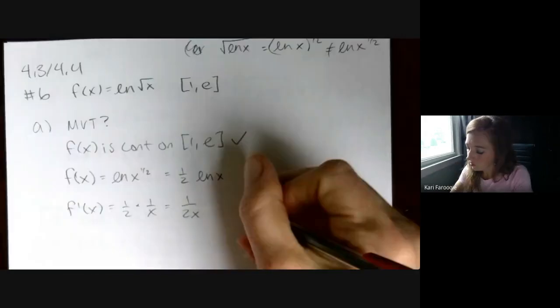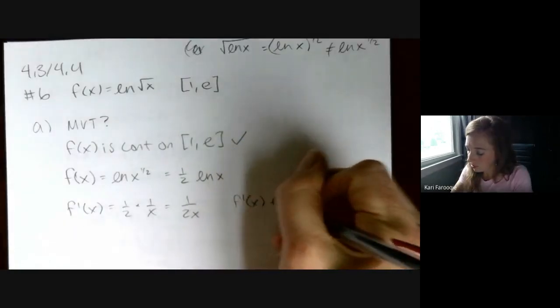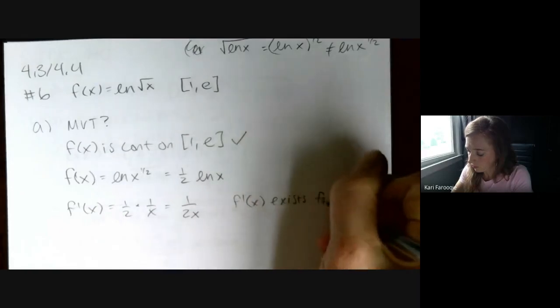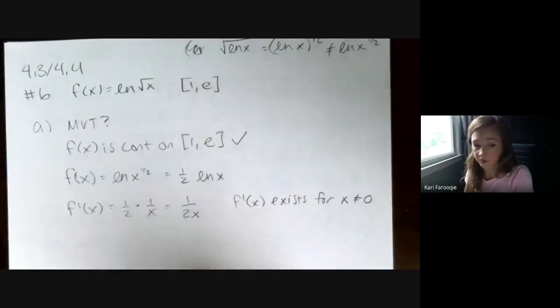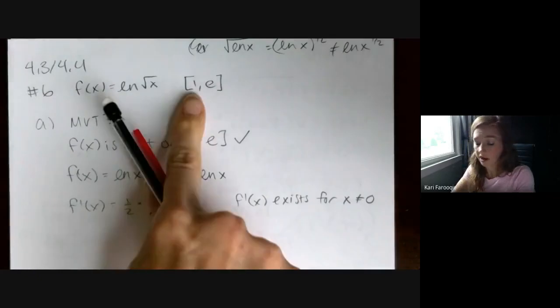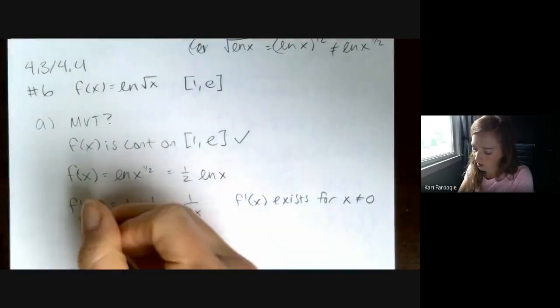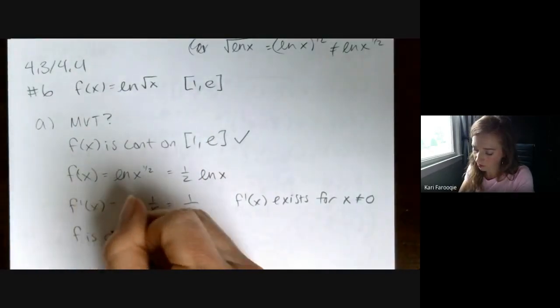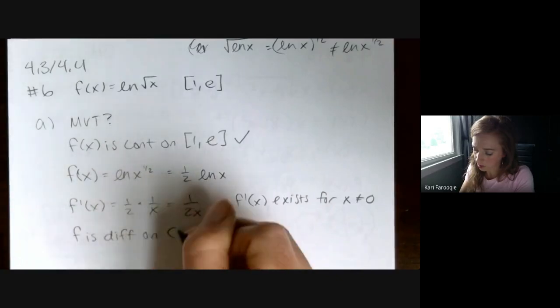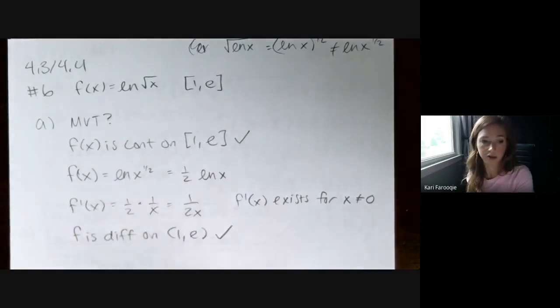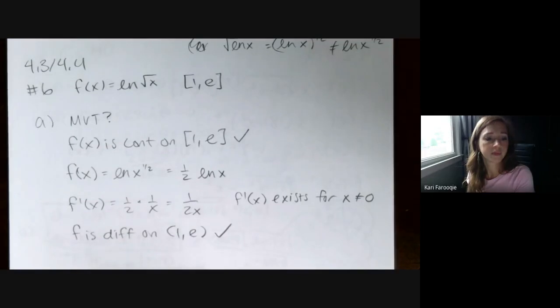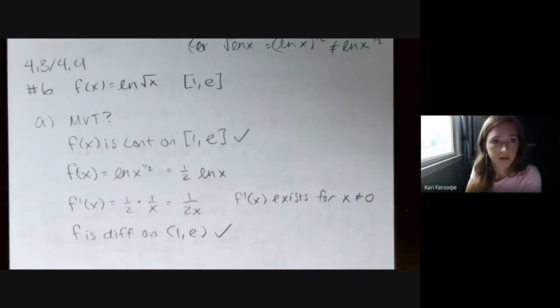Now, f prime of x exists for x not equal to 0, and 0 is not in your interval, so we would say that f is differentiable on the open interval from 1 to e, yes. So those are the conditions of the mean value theorem.